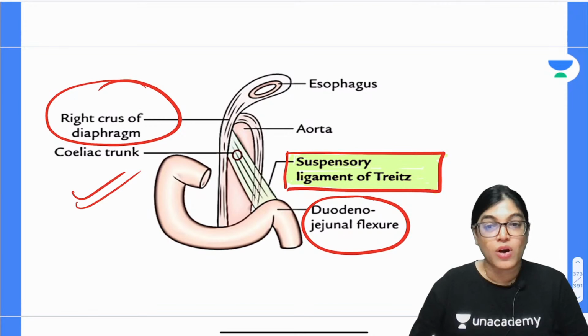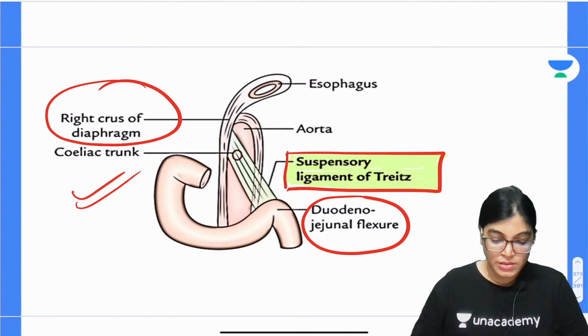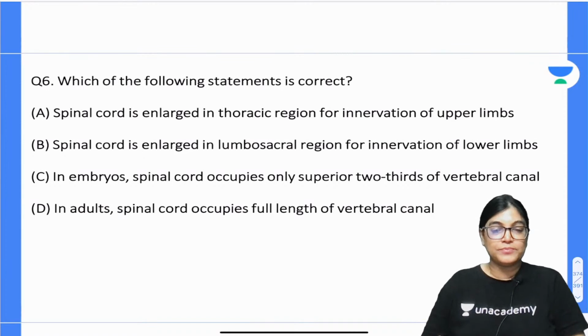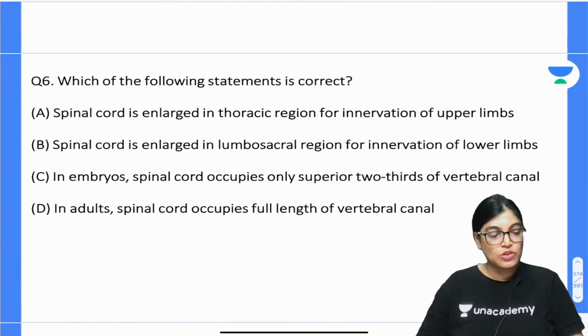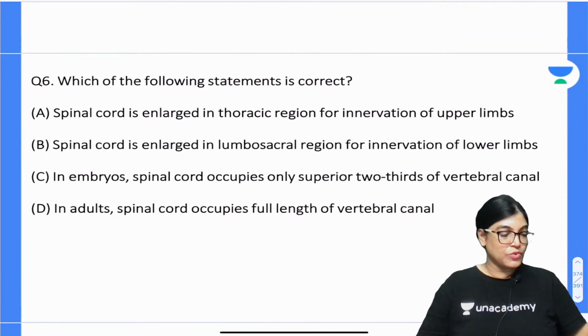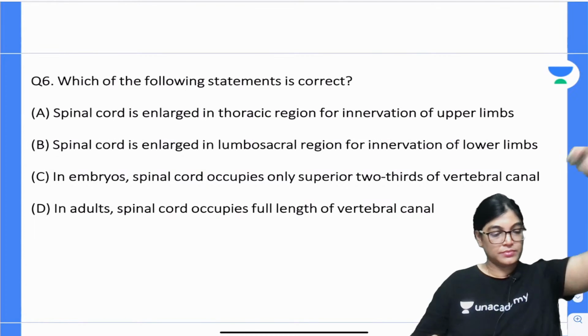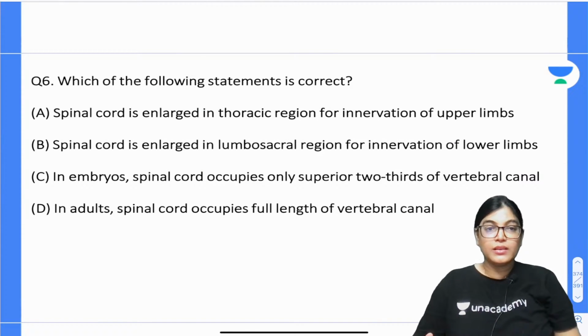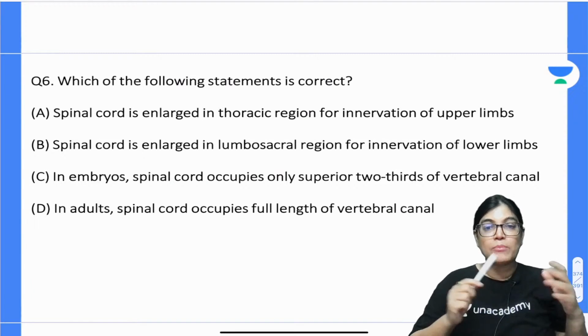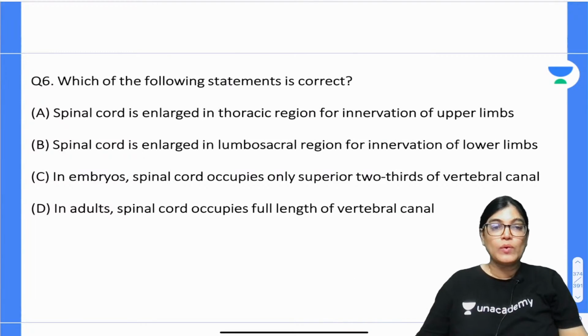That is question number 6. All the best. See here. Which of the following statement is correct? Spinal cord is enlarged in the thoracic region for innervation of upper limbs. Spinal cord is enlarged in the lumbosacral region for innervation of the lower limbs.